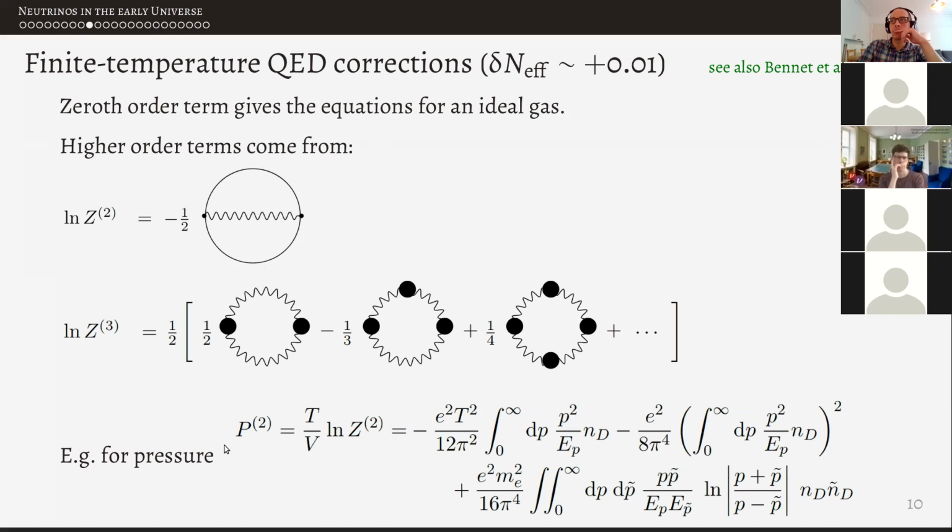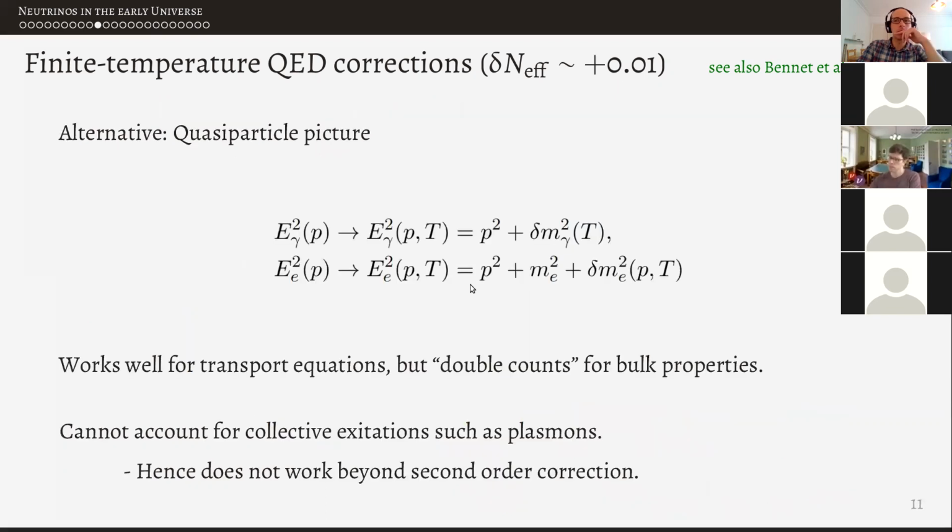So if we take an example, we can look at pressure to second order, and then we get the expression that I show here. So this looks maybe slightly nasty, and people have not actually been using this until recently, but instead they have used an alternative way of accounting for the finite temperature effects. And that is what is called the quasi-particle picture.